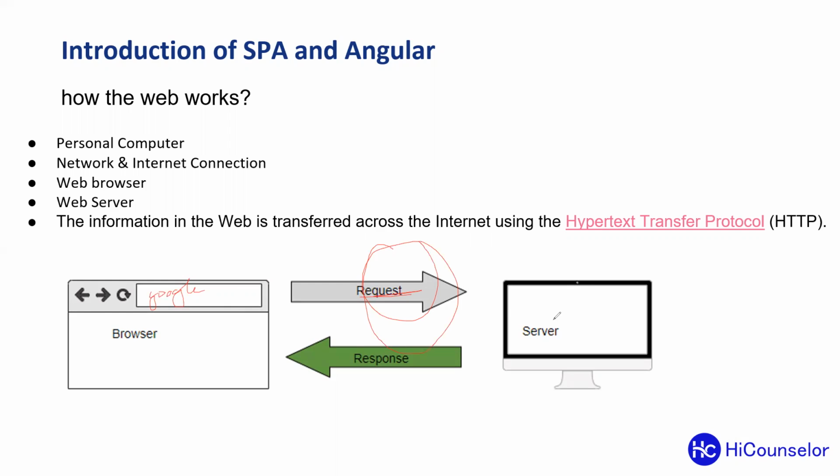So how will it reach the server? We have a terminology called domain name system, DNS. We are not going into detail, but whenever you enter a name like Google, it will be mapped to the right server and it will connect. Then we get a response back from the server. So what is the response? In response we get pages, like web pages.